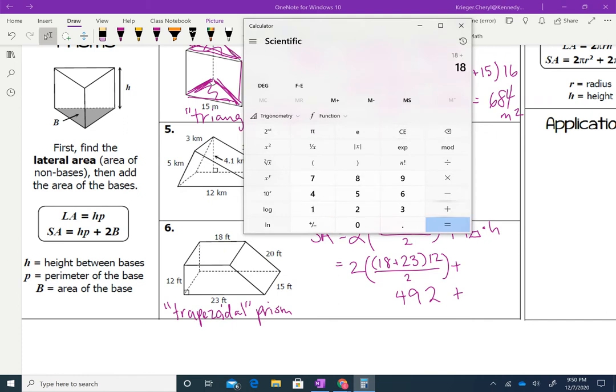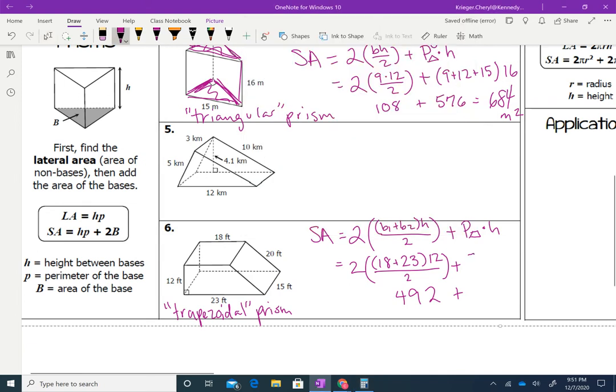Okay, so the perimeter of my trapezoid, I'll just use a calculator, is 18 plus 12 plus 23 plus 20, which is 73, times the height. Remember, the height is the dimension that connects the two trapezoids.